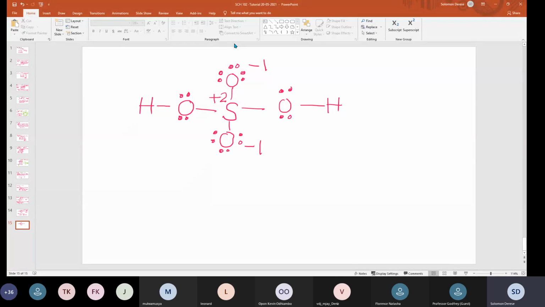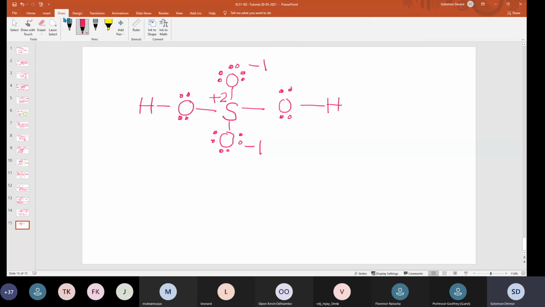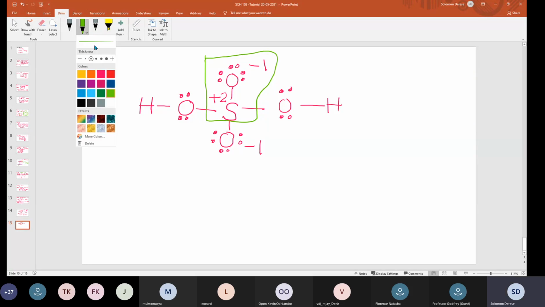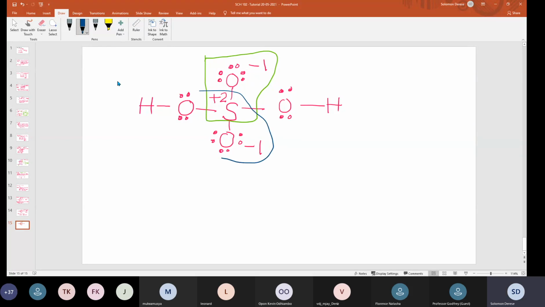Now, I want you to look at these bonds critically. Let me put a different color. I want you first to look at this bond and the lower bond, and similarly at the 2 sulfur-oxygen bonds.